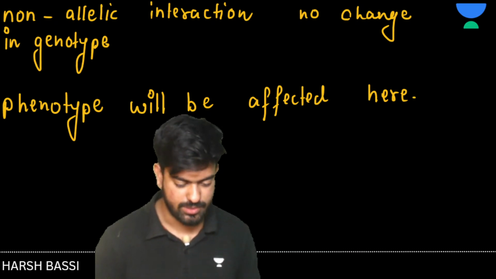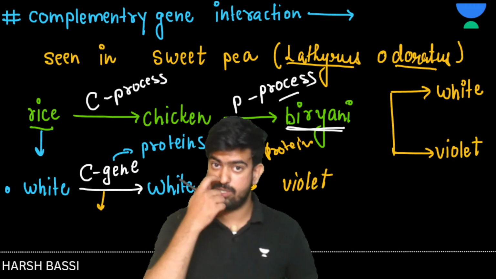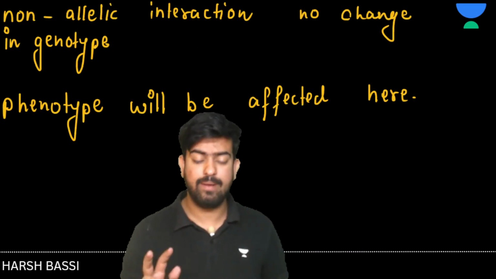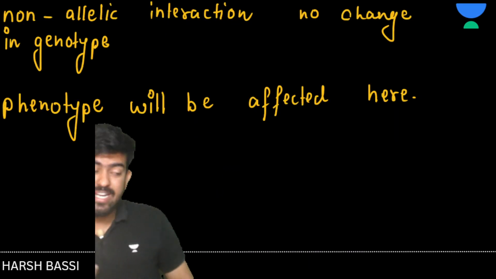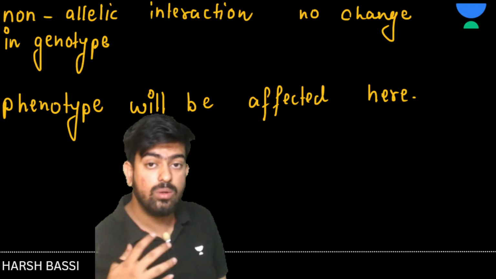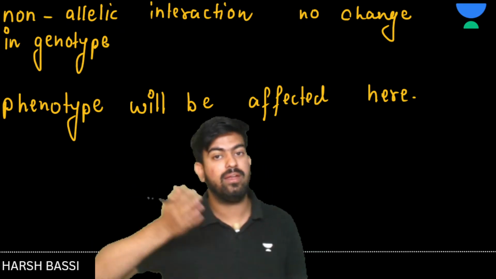Now, sir, see, what is going to happen? Just remember the dihybrid cross. Here, two gene interaction is taking place, right? Remember in the dihybrid cross, we were studying the inheritance of two genes, how these two genes get inherited from the parents to the offspring.